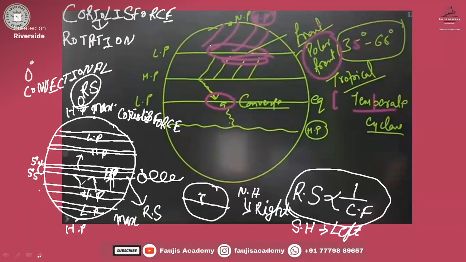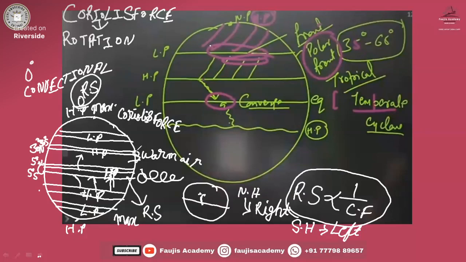Now wind is blowing from high pressure to low pressure area. At the tropical parts we have warm air. First we will see the 30 degree north and 30 degree south side.